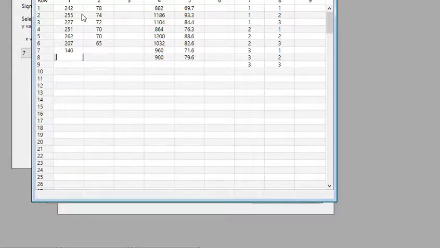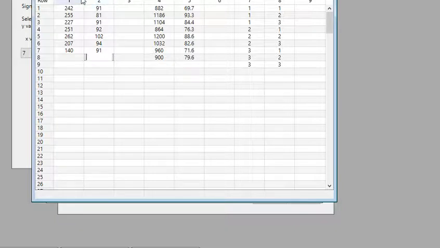Actually, that's the duration. That's how long in seconds that these last. And then over here, 91, then 81, then 91 again, 92, 102, 94, and 91.